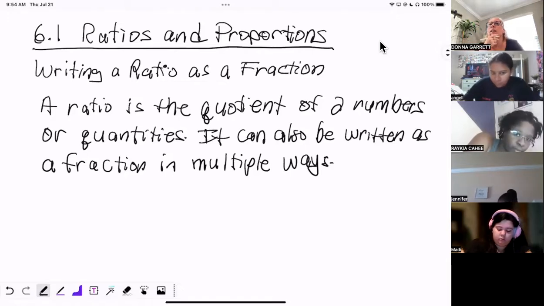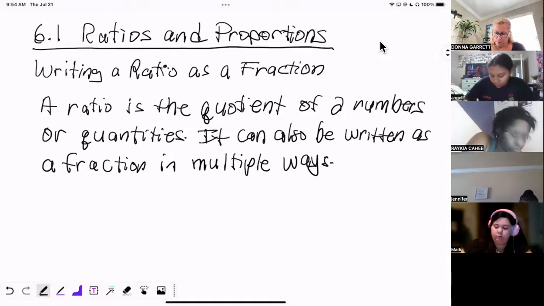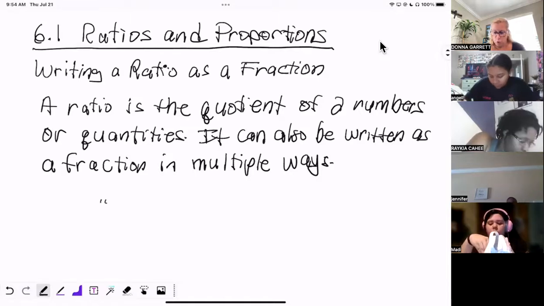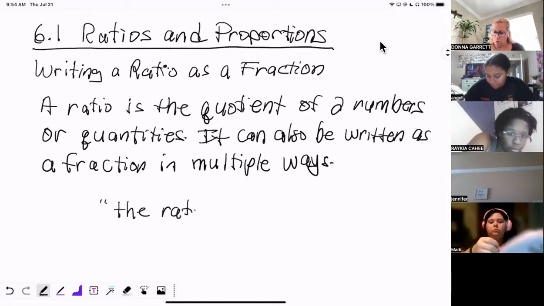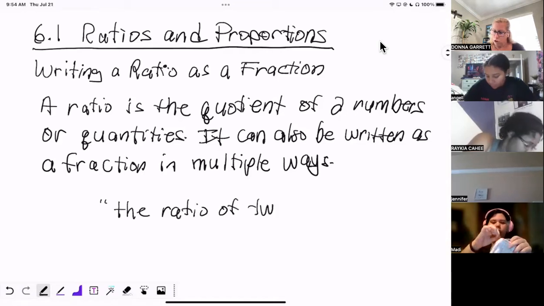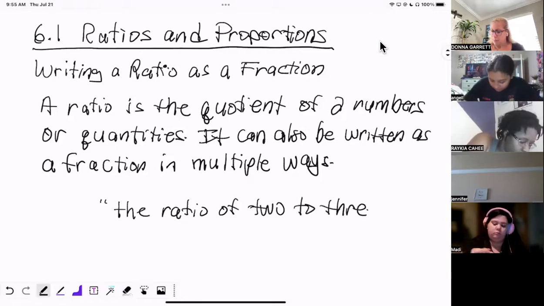I think of a ratio like commercials all the time: 4 out of 5 dentists recommend this, right? That's a ratio. So if I want to write these words as a ratio, the ratio of 2 to 3, that would be it in words.